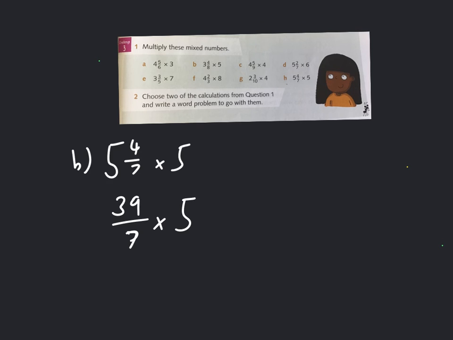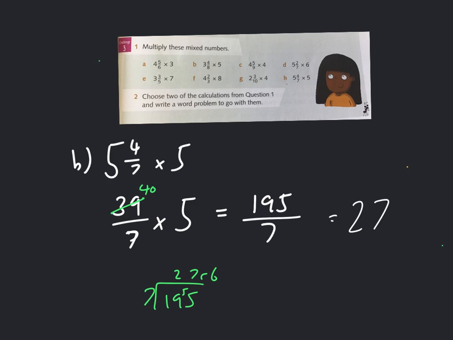Now in my working out, again, I'm using my mental strategies as efficiently as I can, so I'm going to pretend this is 40. 40 times 5, well, 4 times 5 is 20, so 40 times 5 is 200. But I've multiplied it by 5 and I'd added on 1 each time, so I'm going to have to take away that 5, which gives me 195/7. So when I divided 195 by 7, I got 27 remainder 6, and that means that my final answer is 27 and 6/7.